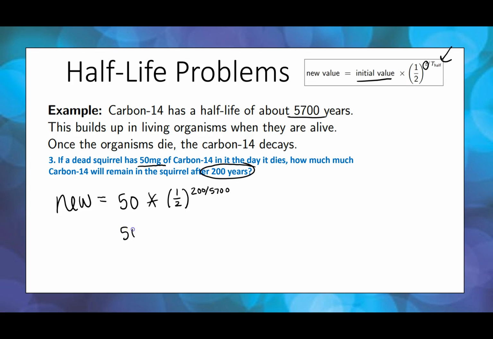Okay, so I recommend doing 50 times 0.5 to the 200 divided by 5,700. Just make sure you have that in parentheses. All right, go ahead and do that on your calculator. Let's all make sure that we are getting the same answer.